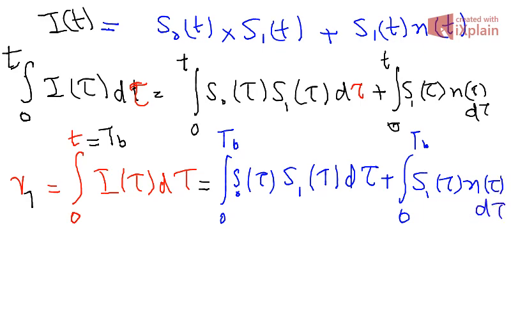Now if you closely observe these two waveforms, S naught of tau and S1 of tau, we already said that these signals are orthogonal. When the signals are orthogonal, this is the dot product of two orthogonal signals, and the dot product of two orthogonal signals is 0.